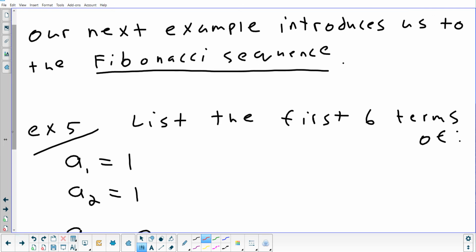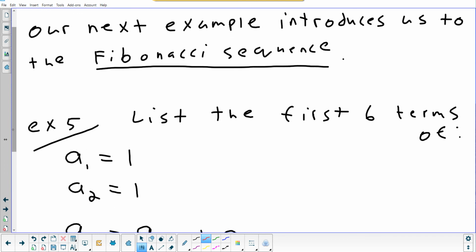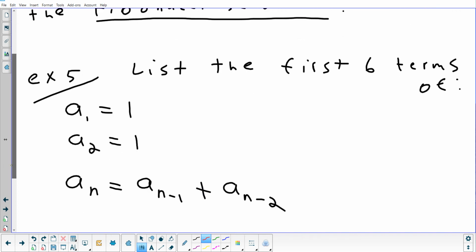Okay, so one pretty well-known sequence that is recursive is the Fibonacci sequence. And the Fibonacci sequence doesn't just depend on the term before it, it depends on the previous 2 terms. Because it depends on the previous 2 terms, I have to start you with 2 terms.